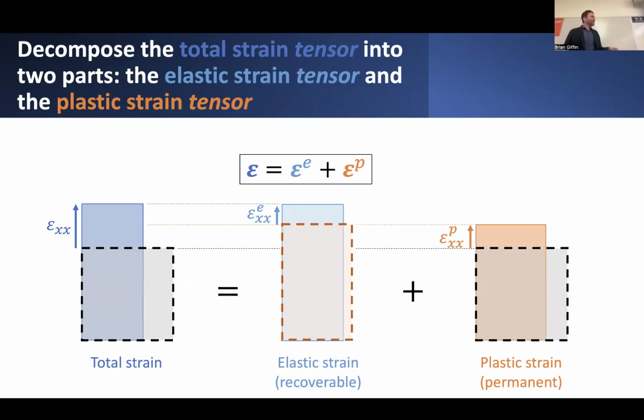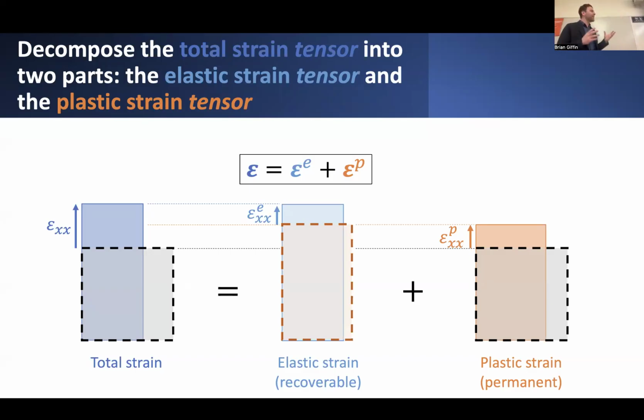And making things simple, assuming relatively small deformations, it's reasonable to assume that you can partition the strain tensor in an additive way into those two subcomponents.